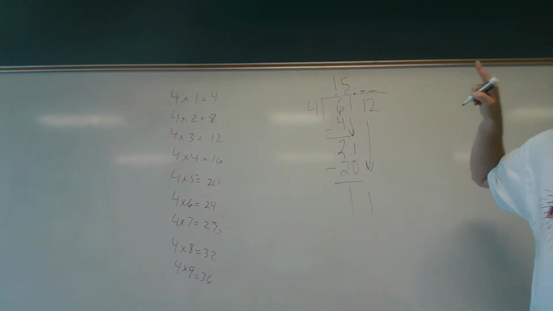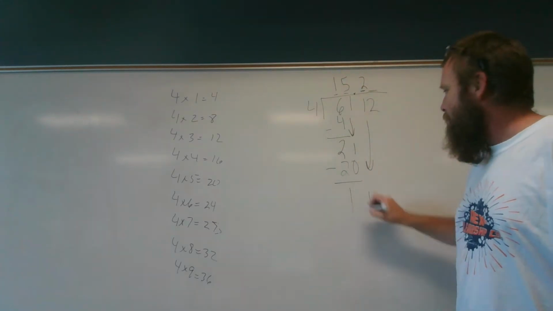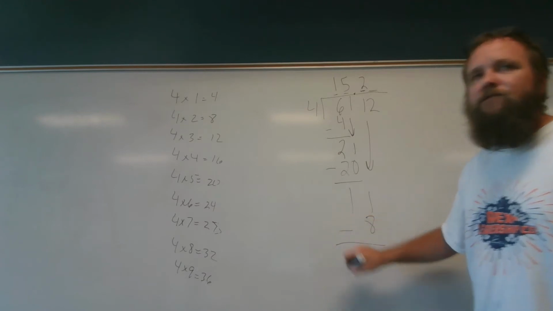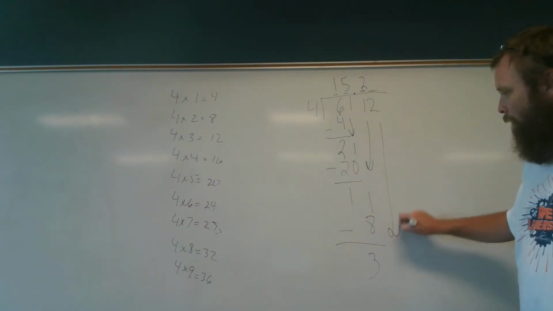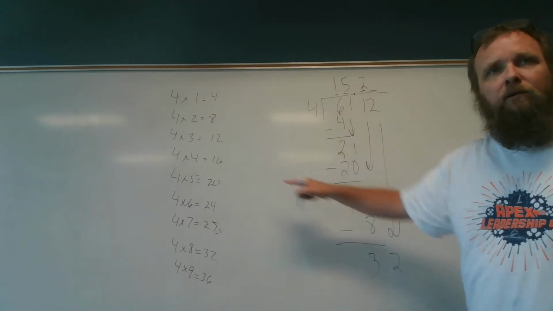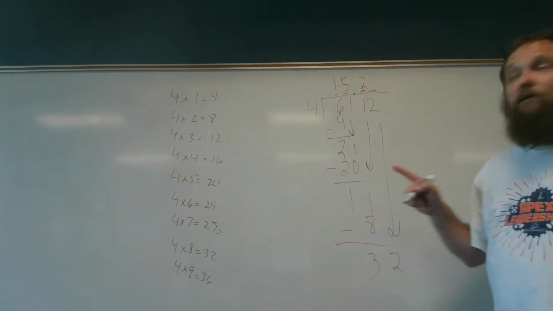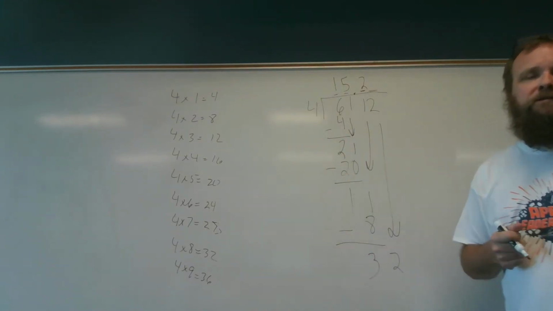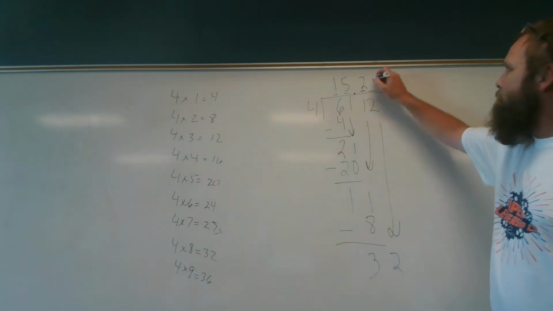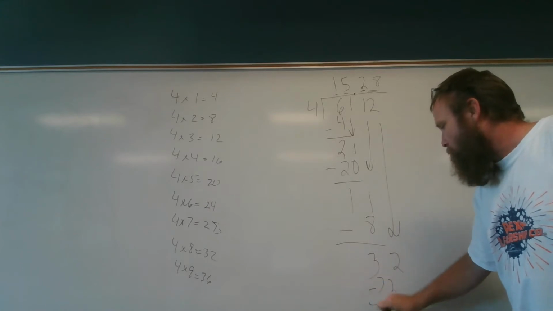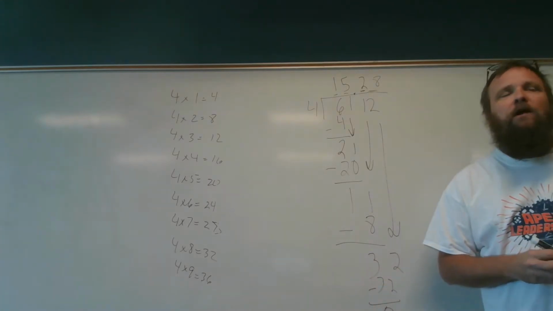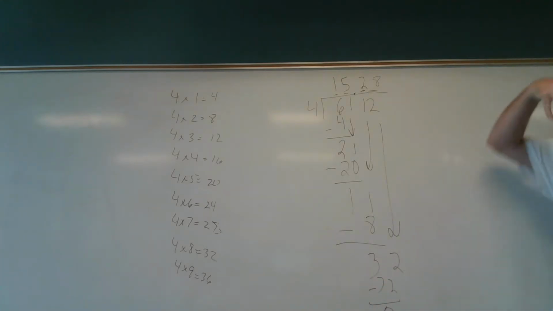How many times? 2 times. 2 times 4 is 8. 11 subtract 8 is? 3. Bring down the 2. Use our handy dandy multiples. 8. Which is 32.